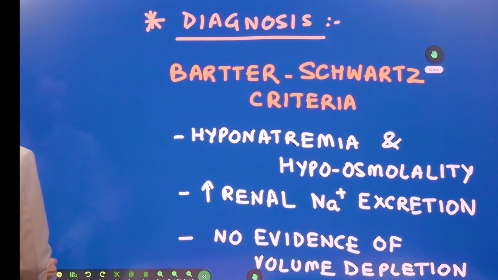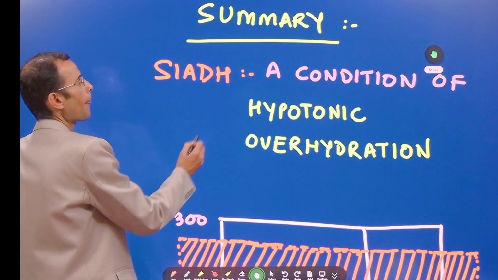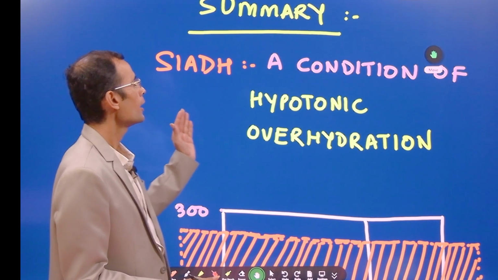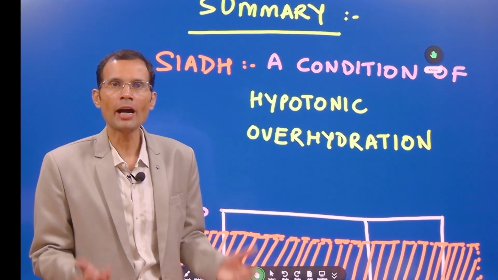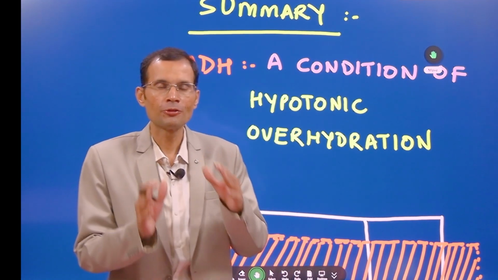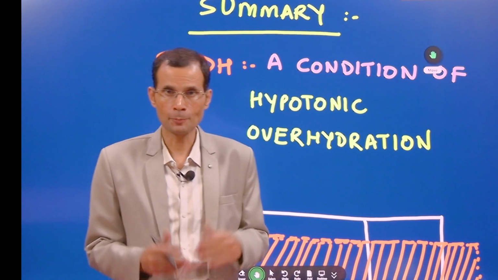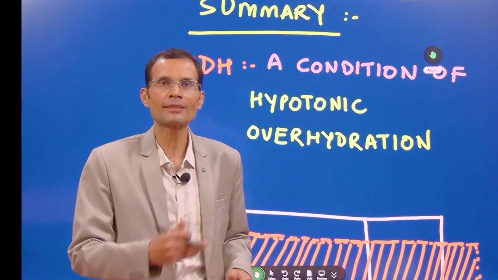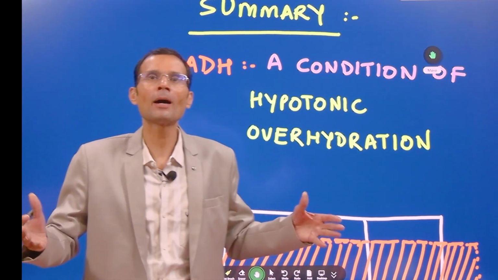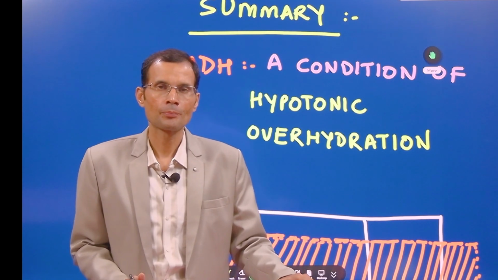All right. And now let's summarize the condition again. SIADH is a condition of hypotonic overhydration with hyponatremia. First, remember this: hypotonic, because plasma becomes hypotonic because of excessive water gained, and overhydration, a volume expansion state, with hyponatremia.